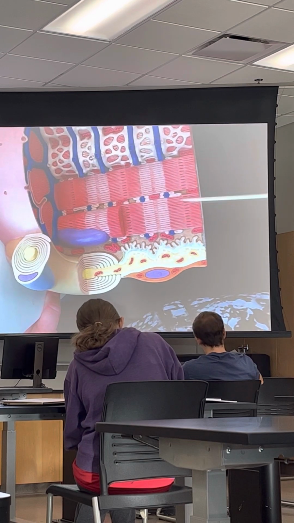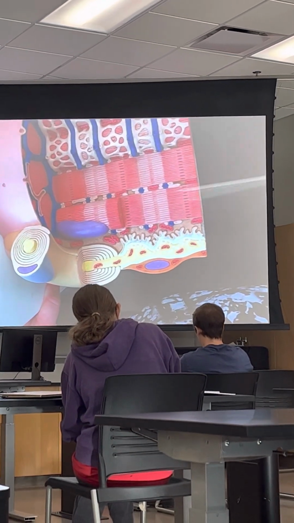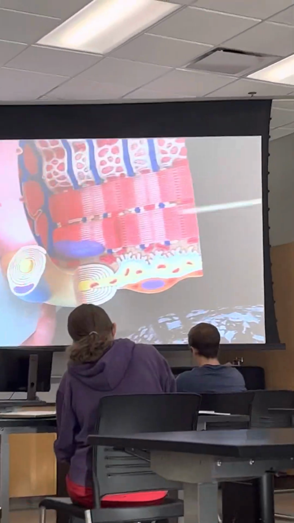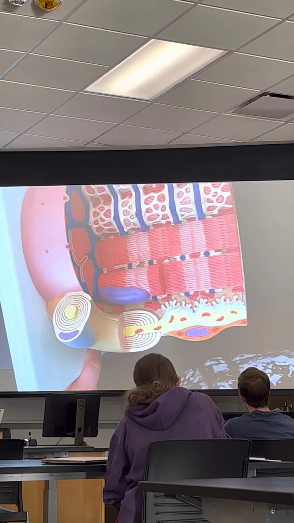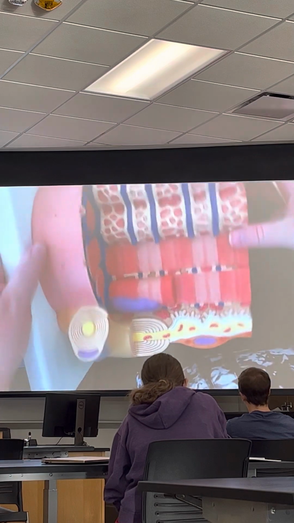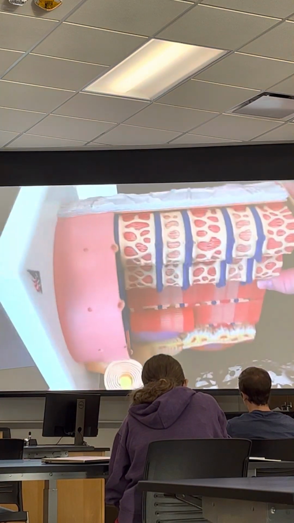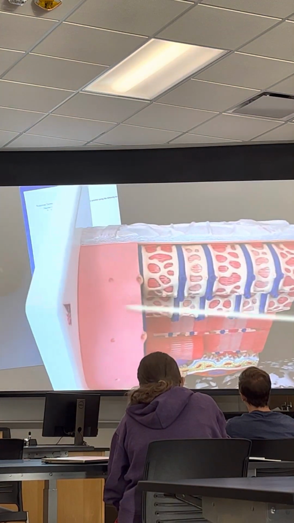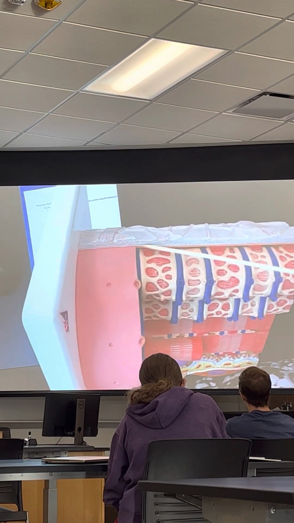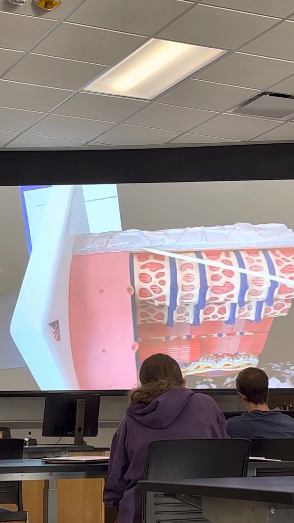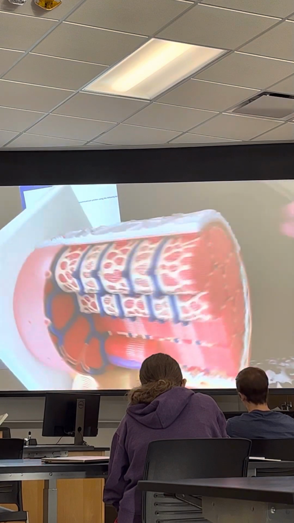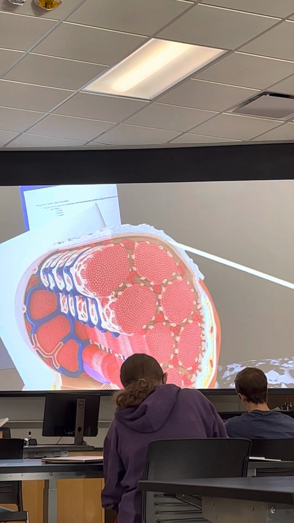We can see the A band for the myosin, the I band for the actin, and then along the backside, here's the sarcolemma, and this structure here would be the endomysium, covering the whole thing.